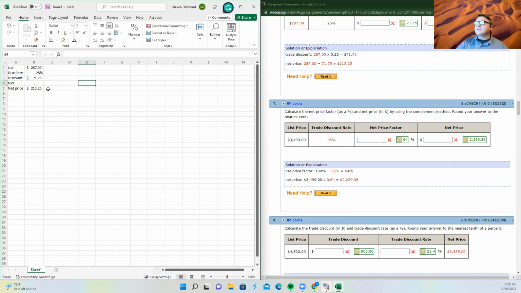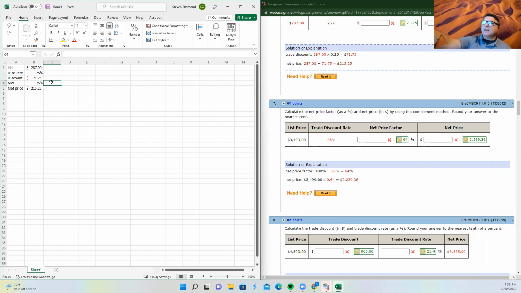And that is simply 100%, which is 1, if we do it in the decimal form, minus our discount rate. Which is 75%. That one's pretty easy. And how do we know it works? Well, I can double check.